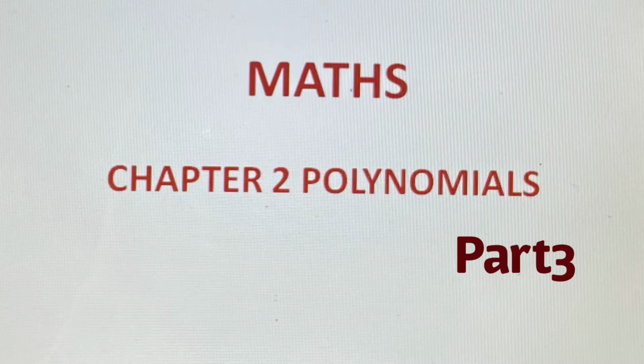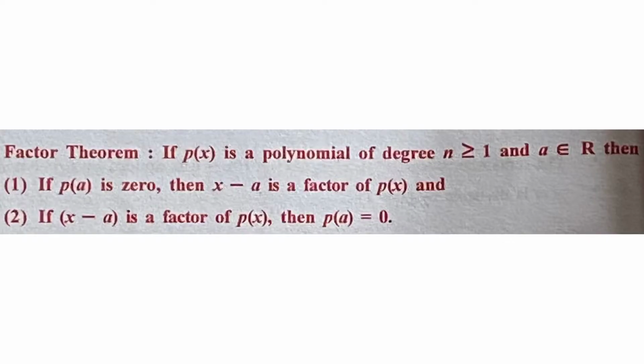Now we are going to study factor theorem, and we will study the factorization of the polynomials in this lecture. So first of all, let us see what is factor theorem. If p of x is a polynomial of degree greater than or equal to 1, means it is not a constant polynomial, and a belongs to R, then if p of a is 0, then x minus a is a factor of p of x.